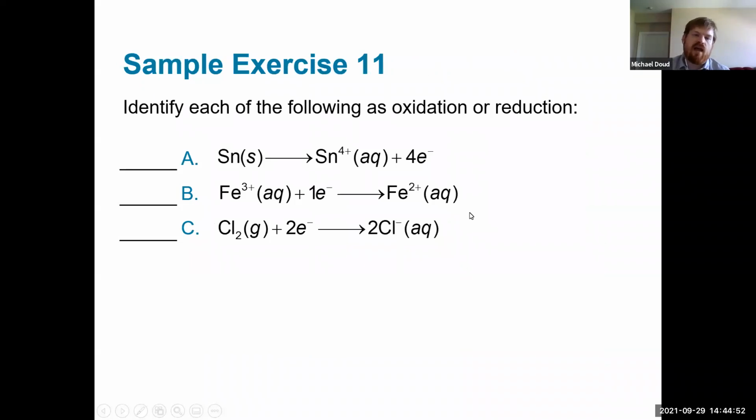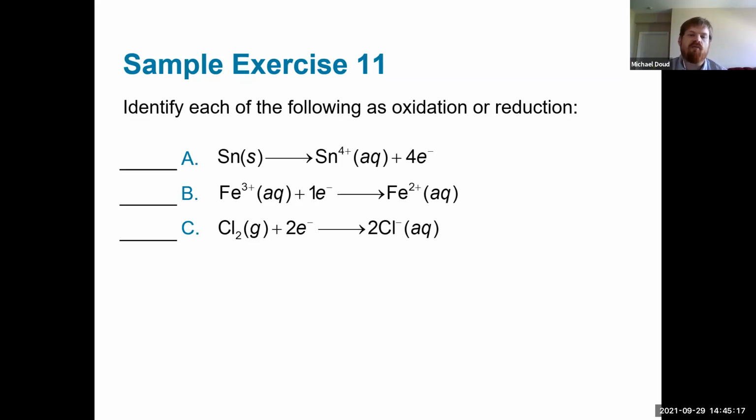Okay, so given that, remember, oxidation is loss of electrons, reduction is gain of electrons. Identify the following reactions as either oxidation or reduction. We've got tin metal going to tin(IV) ion and producing 4 electrons. We have the iron(III) ion reacting with 1 electron and forming iron(II) ion.